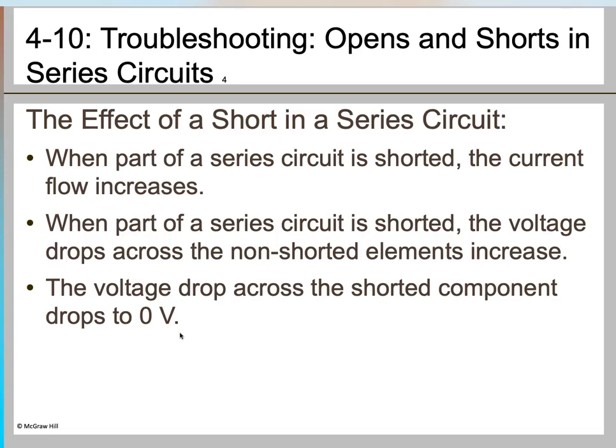You know that V equals IR, so if resistance is 0, then voltage is also going to be 0, and that's why you get the 0 voltage drop across the shorted component. And the rest of the elements in the circuit will have increased voltage.